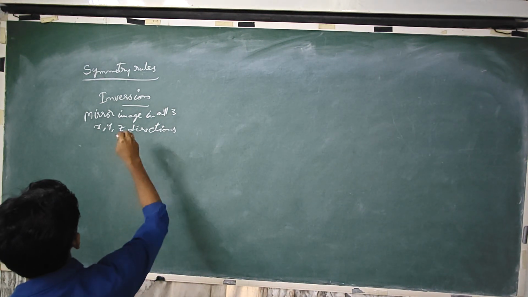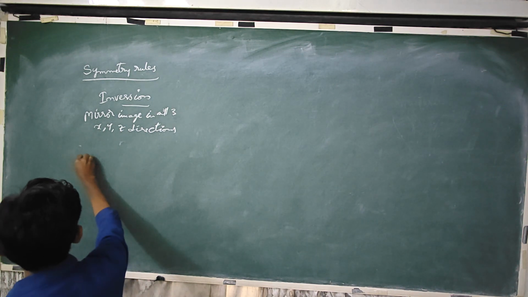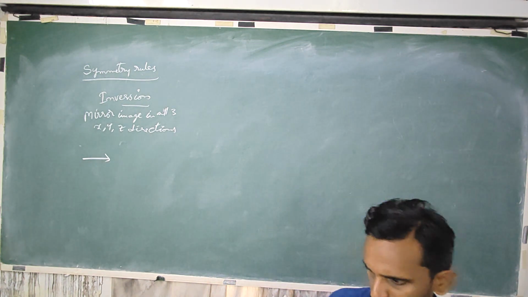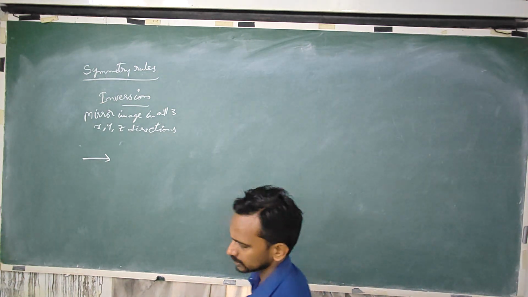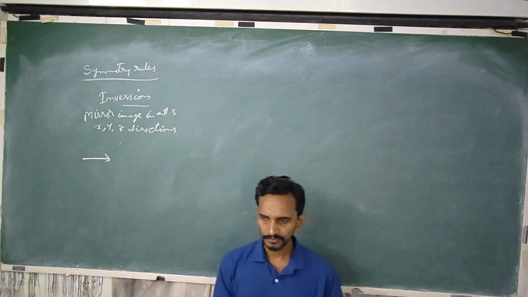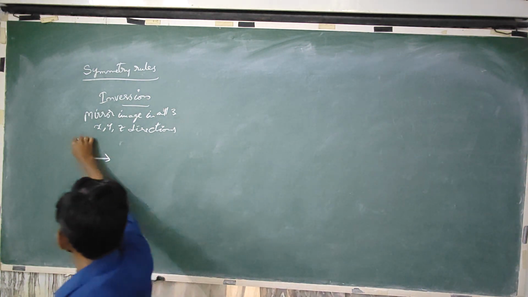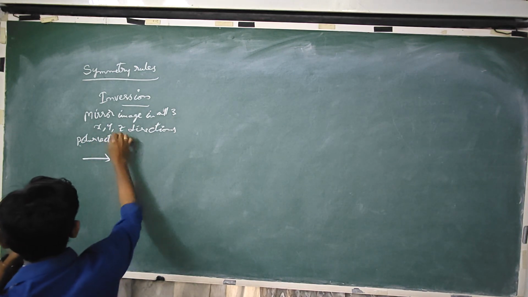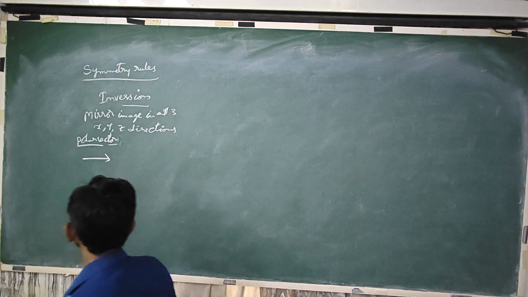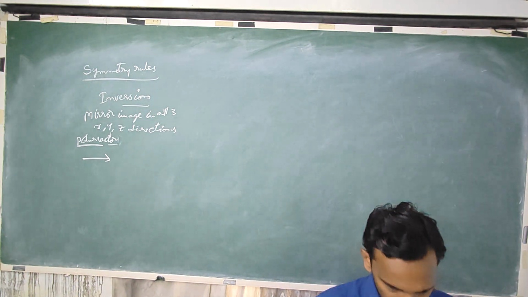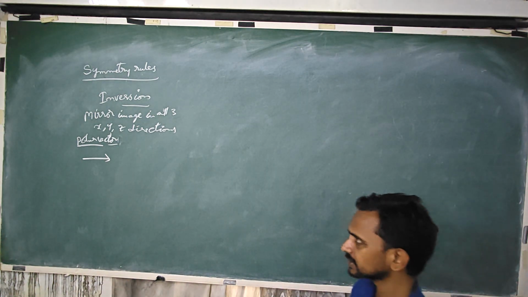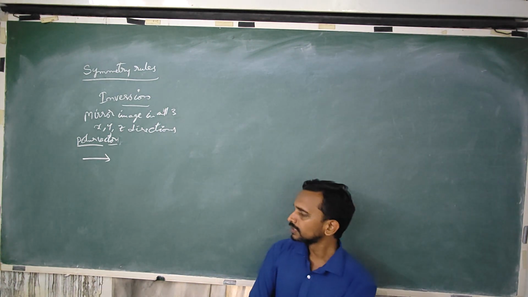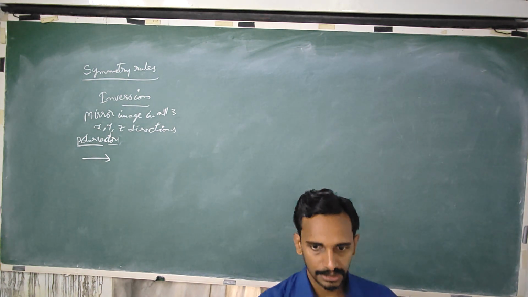Let's say this is a vector. That could be anything: displacement, acceleration, force, any vector. This is a polar vector. It has a fixed direction and fixed magnitude. Now I take a mirror image in all the three directions.